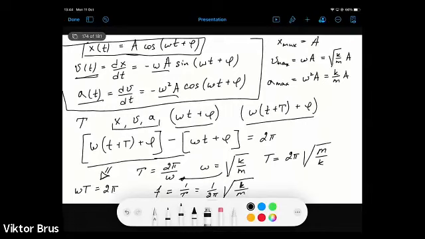and defined also maximum values for all parameters which can be reached under given conditions, and introduced the relationships between the period and frequency of simple harmonic motion with the parameters of the system we deal with, so that is the mass of the block and spring coefficient k.